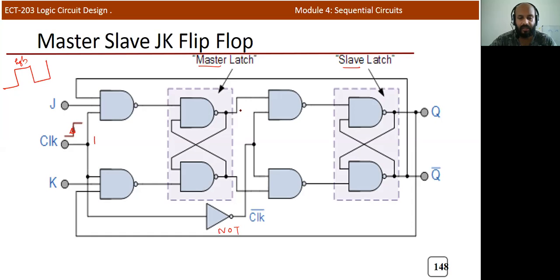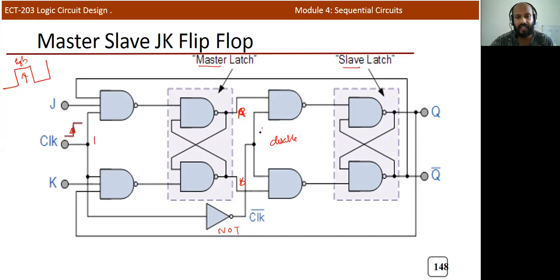You will get a definite Q and Q bar here, for example, A and B. In the first high duration, the first master flip-flop will be active and you will get an output, let it be A and B. And during that duration, this slave will be in disabled mode because the clock is inverted.